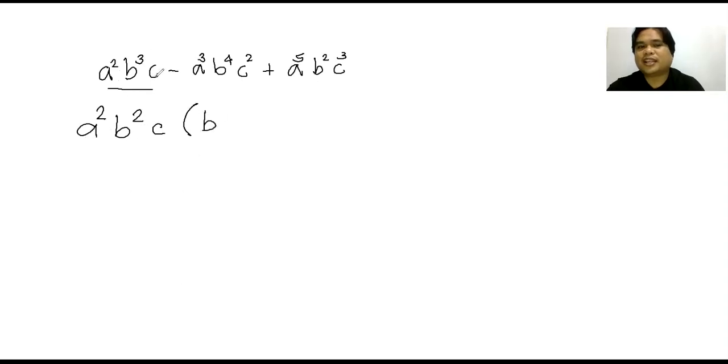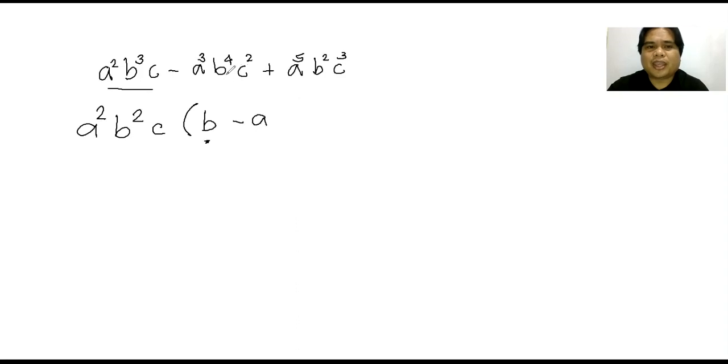How about with c? You took out c, so meaning for the first term, only b is being left. Minus. For the second term, you have a cubed, you took out a squared, you will have a left, or a cubed divided by a squared, that would be a.